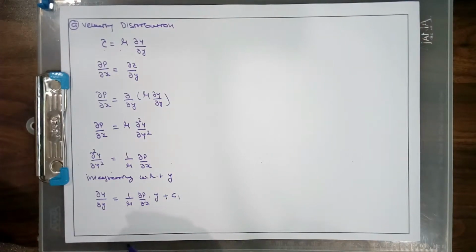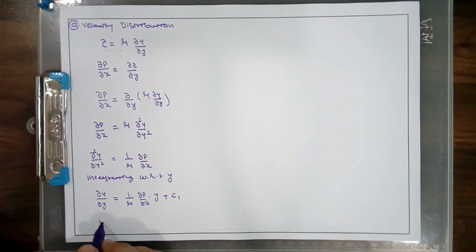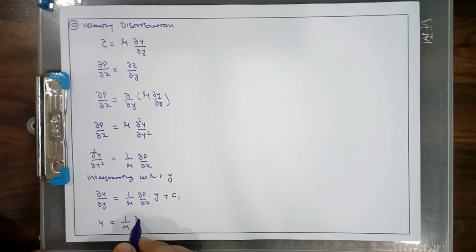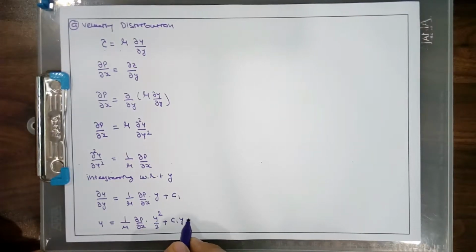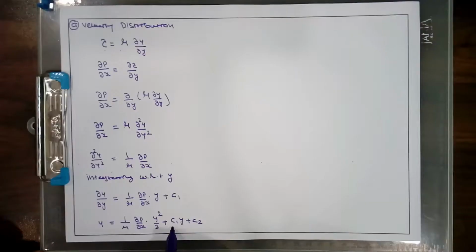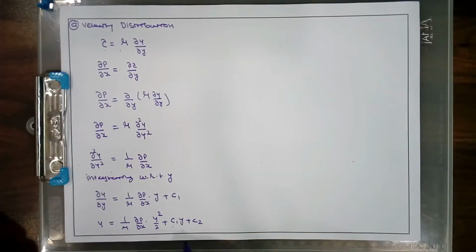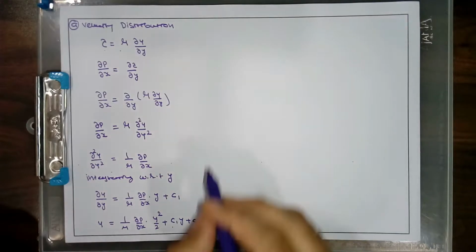Now we integrate the same expression again with respect to y. So we get u equals 1 upon mu del P by del x into y square by 2 plus c1 into y plus c2. Now in this expression c1 and c2 are the integration constants, and to find the values of c1 and c2 we need to apply the two boundary conditions.